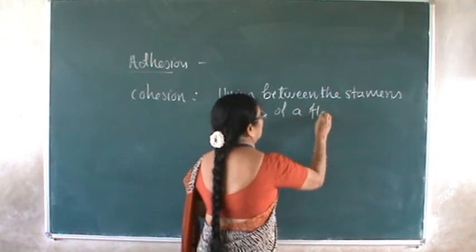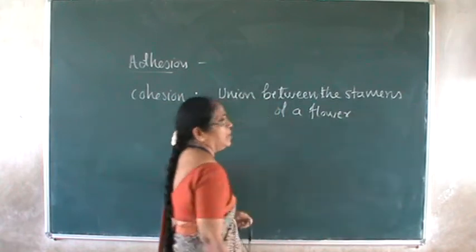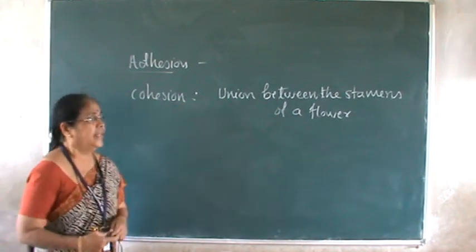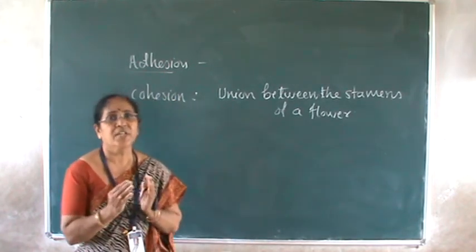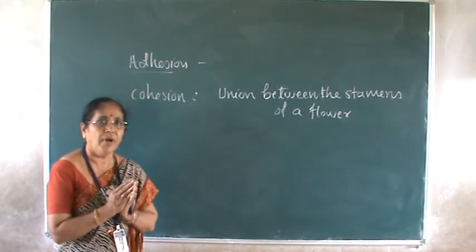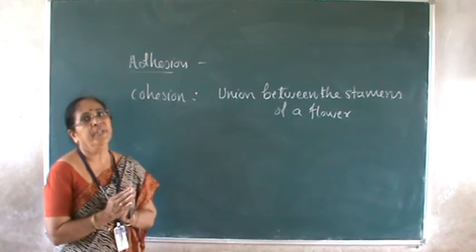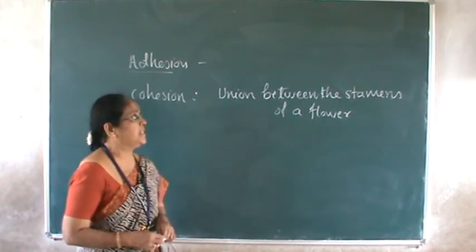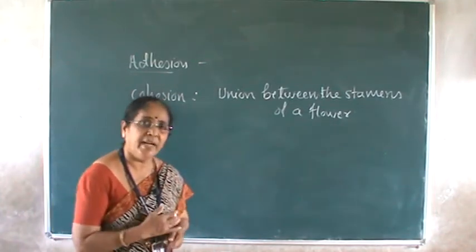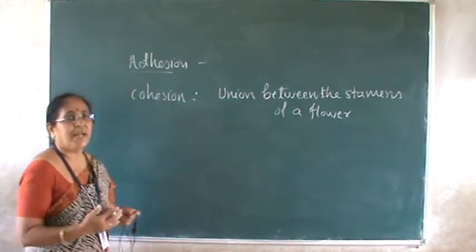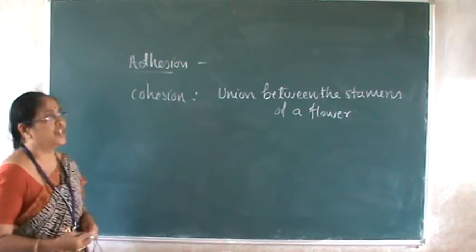Whatever the number of stamens in a flower, it may be 5, 10 or many in number, if you find any union between the stamens within one flower, then that kind of union is called cohesion of stamens. You will get all the detailed description of the different kinds of cohesions in my previous video.